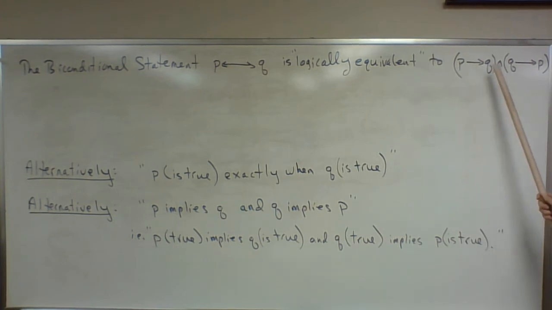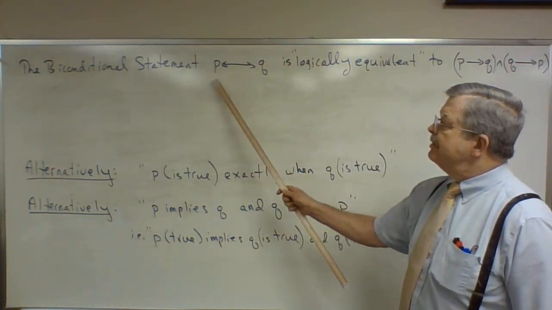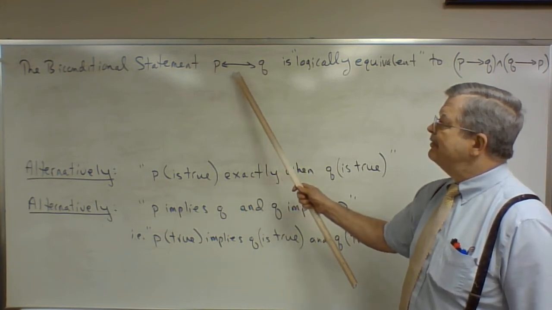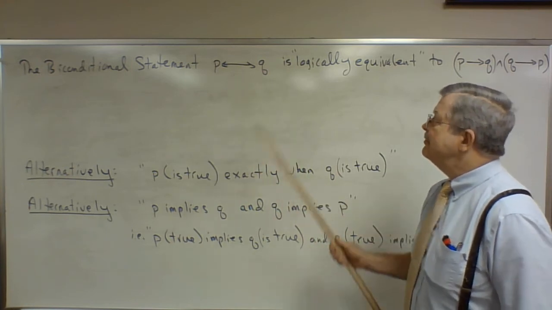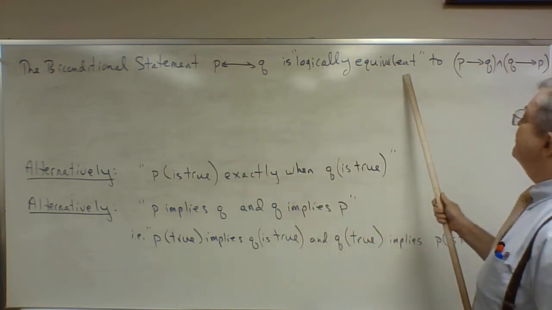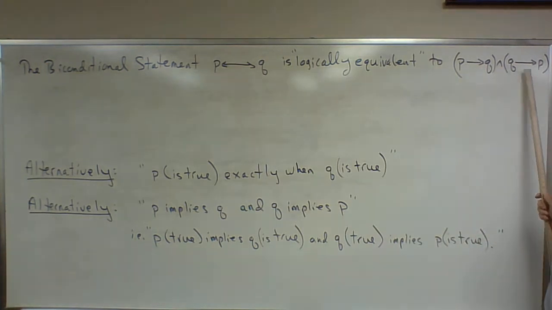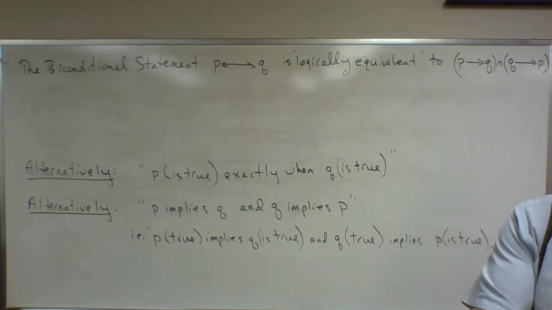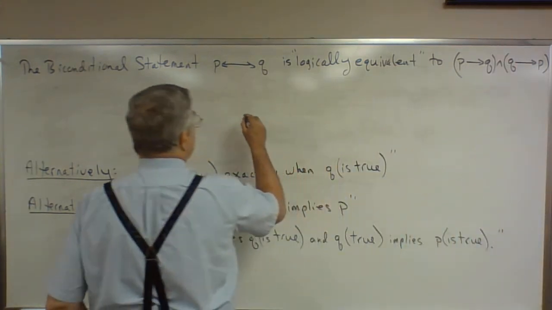So the biconditional statement, P if and only if Q, or P is true exactly when Q is true, is logically equivalent to the statement P implies Q and Q implies P. Now, when I say logically equivalent, what do I mean?